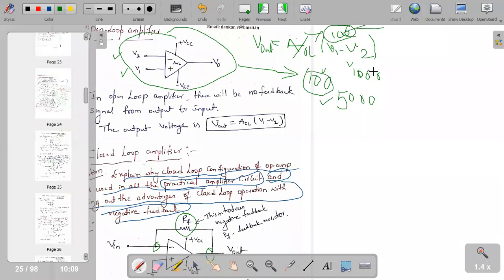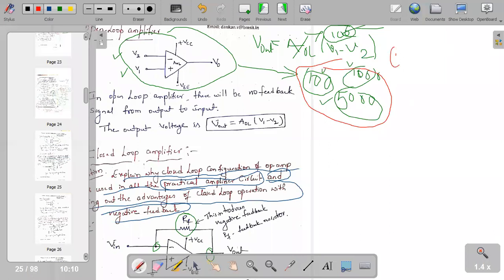So is it possible to implement a gain of 100, 1,000 or 500 in an open loop mode configuration? In open loop mode, whatever input voltages V1 and V2 you give will be amplified with a gain of 10 power 6. Of course, there is a limitation of output voltage also that I will come to later. But ultimately the gain is 10 power 6. That is fixed.